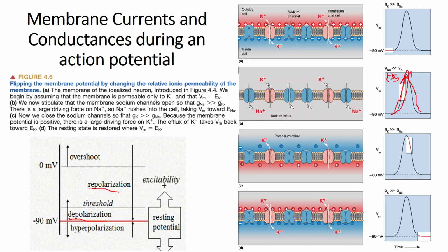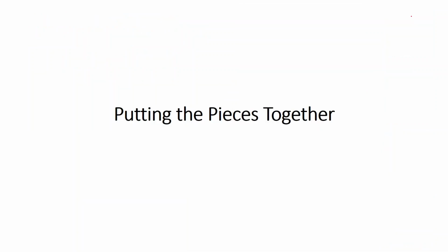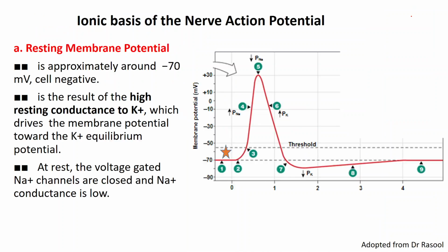Whereas repolarization is to bring the membrane back down to its resting membrane potential, and the overshoot is this part of the action potential, which is above 0 millivolts, okay? Is this all clear?